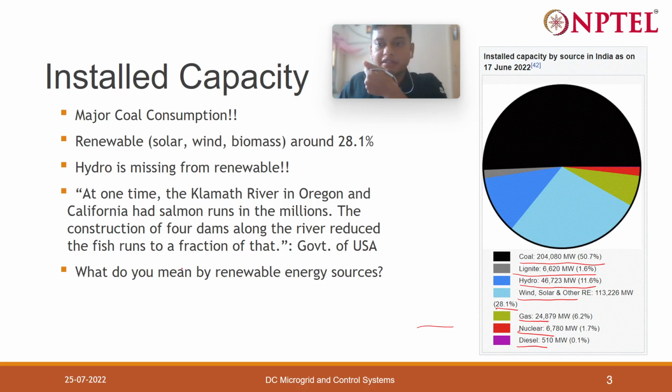If you see the renewable power contribution in our Indian power system, it is increasing. Earlier, in 2019, it was only 21%, but now in 2022 it is approximately 28.1%, that is nearly 30%.